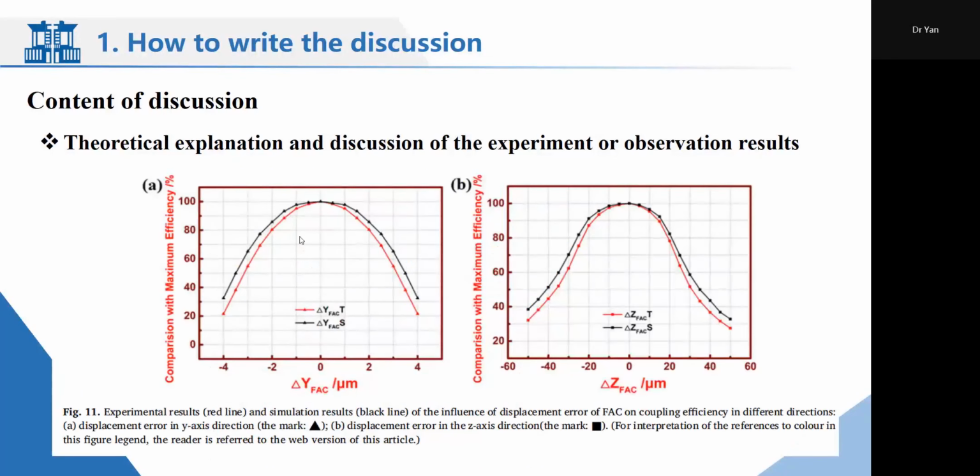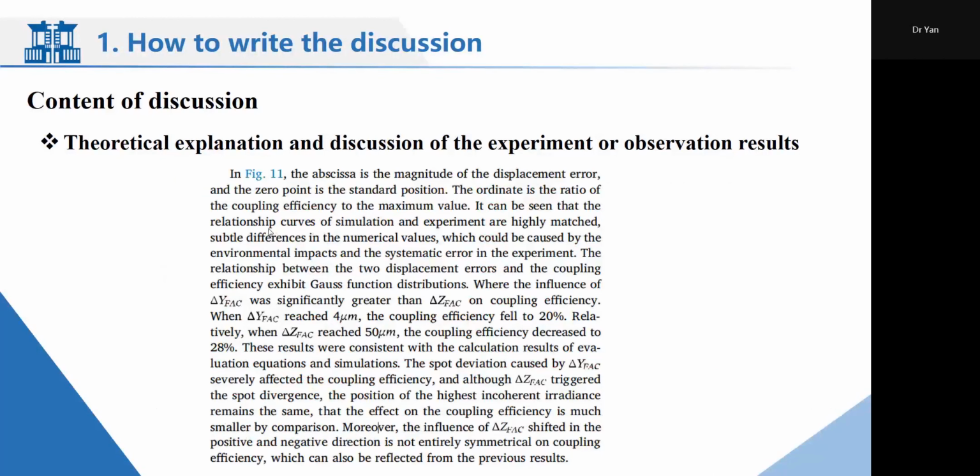The change is greater than that one, and it gives some special points, such as when delta y reaches 4 micrometers, the coupling efficiency will fall to 20%, and something like that.